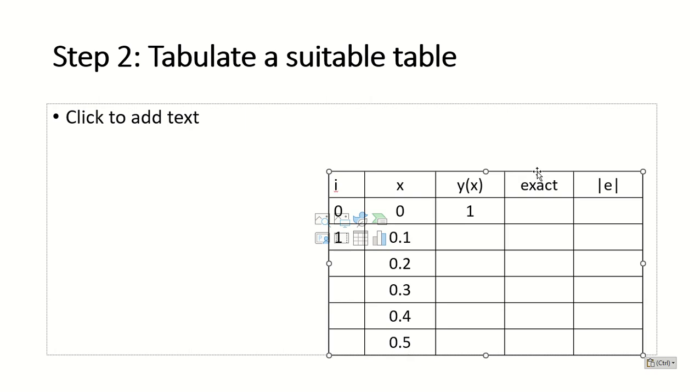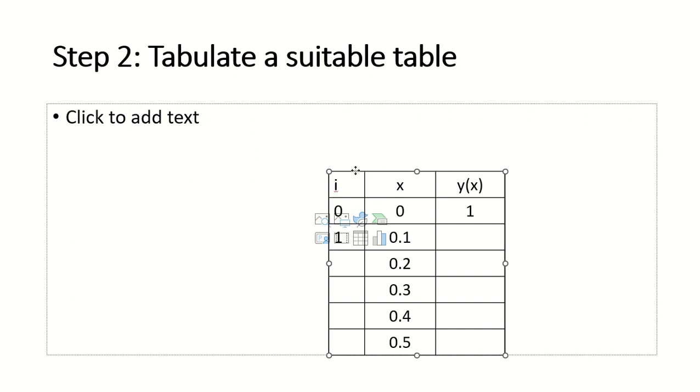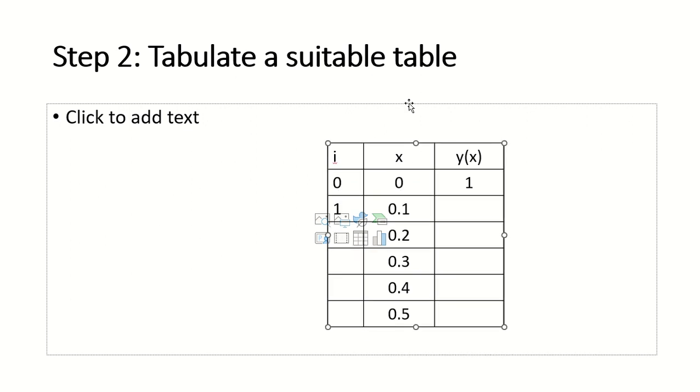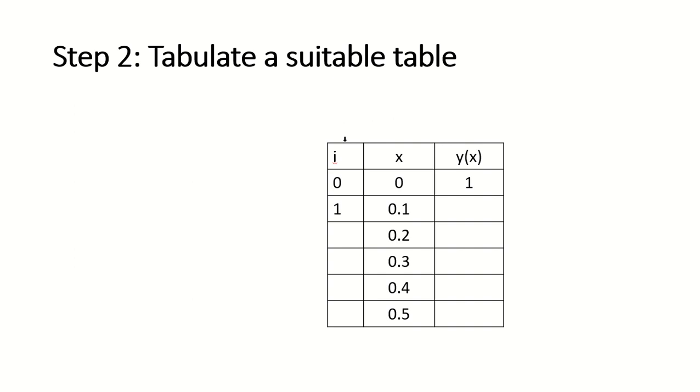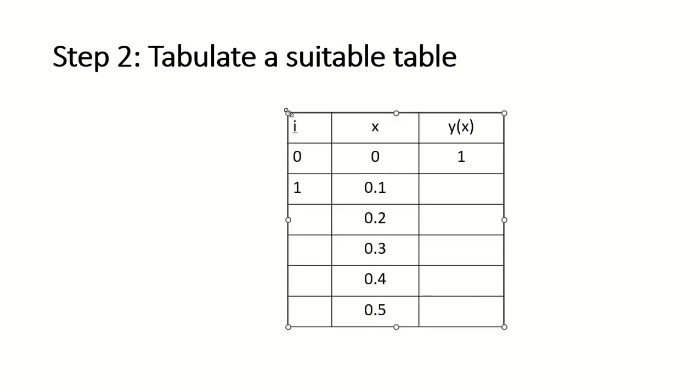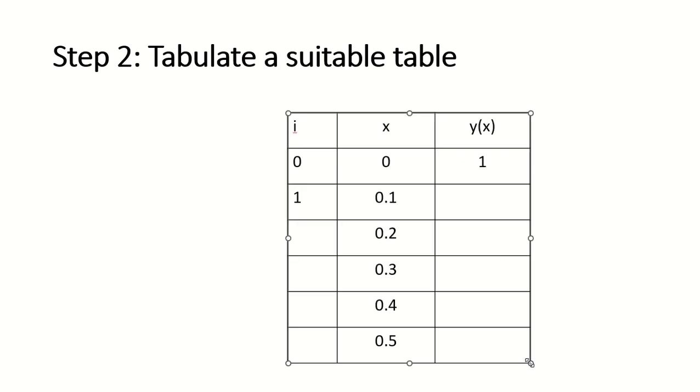The exact one we don't have, because we are not planning to solve it, but we are just trying to demonstrate how close we will get when using the Euler methods for ODE.